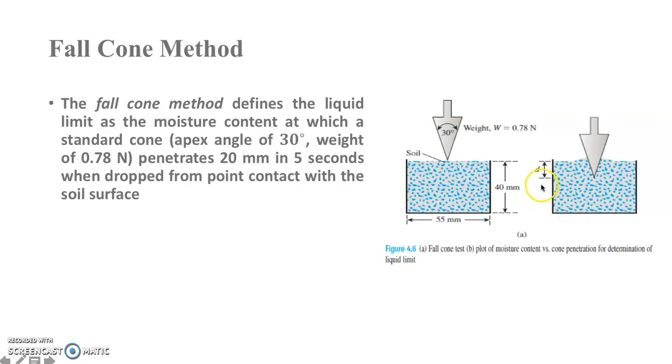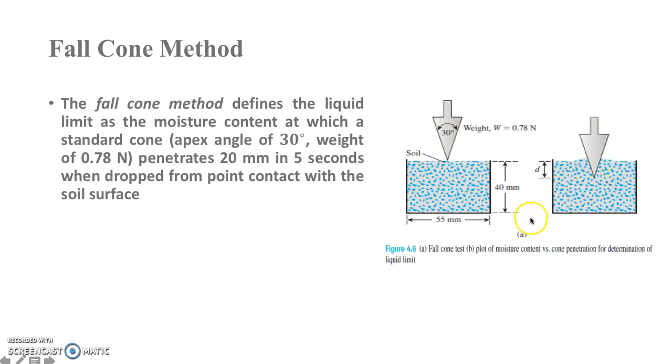So if you have obtained 20 mm on the first trial, as you drop your cone into the soil sample, obtaining the moisture content for this, you have now your liquid limit. However, if you have not obtained the standard depth of penetration, that is 20, for example, the first trial was 15, you have to record that one, and then the moisture content present in the soil.